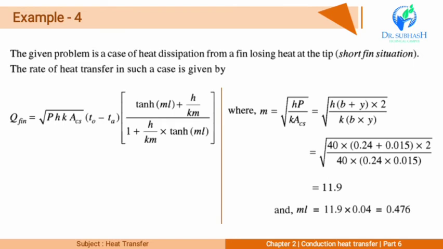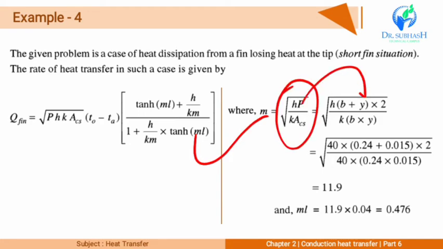First of all we have to calculate the value of m. m is equal to under root of Hp by Ka. For that we have to calculate the perimeter. So we know that P is 2 into (b plus y) and area is equal to b into y. Substituting the values, H is equal to 40, b equal to 0.24, y is equal to 0.015 and K is equal to 40.